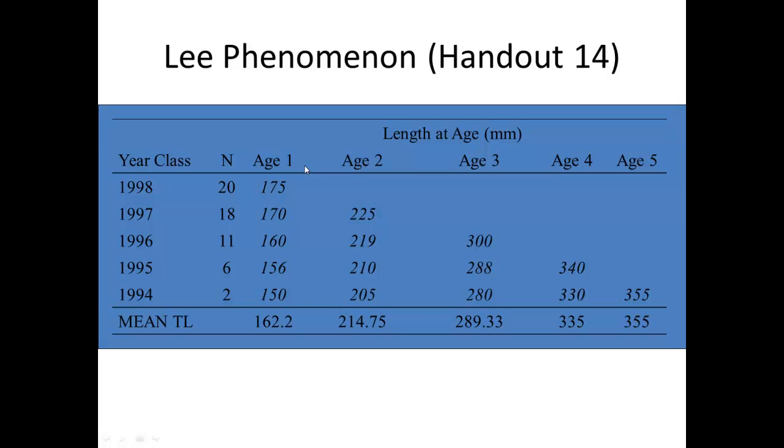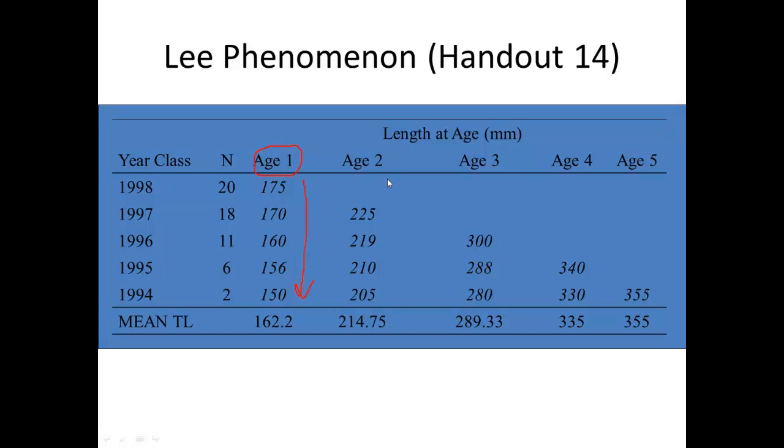So let's look at the back calculated length at age for a particular age group. Let's look at the back calculated lengths at age 1, and let's look at that for each year class. So we have these 5 different year classes. And look what happens as you go from the youngest year class to the oldest year class. Look at how the average back calculated length gets smaller as the year class gets older.